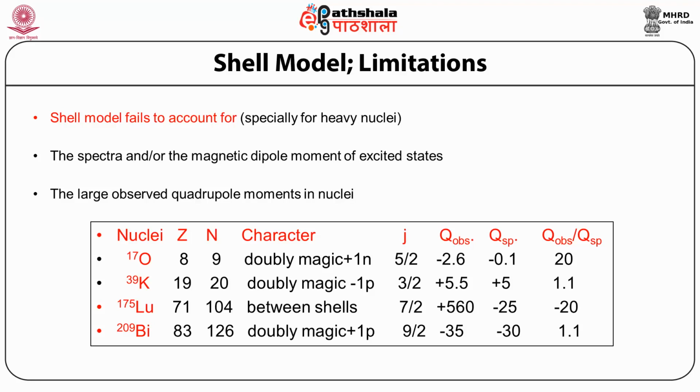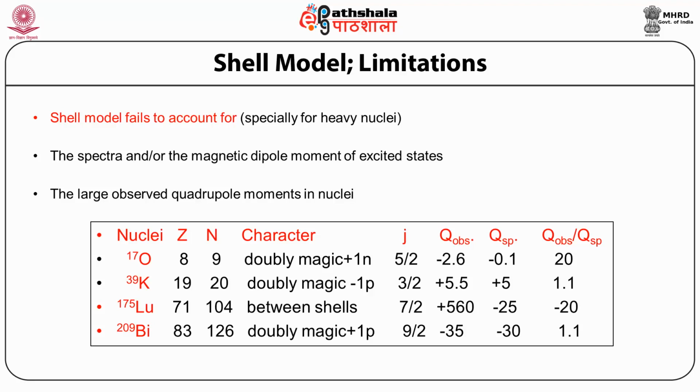But in case of lutetium 175, which has 71 protons and 104 neutrons, the character is between the shells. The spin is 7/2. The observed quadrupole moment is +560, whereas the predicted quadrupole moment is -25.